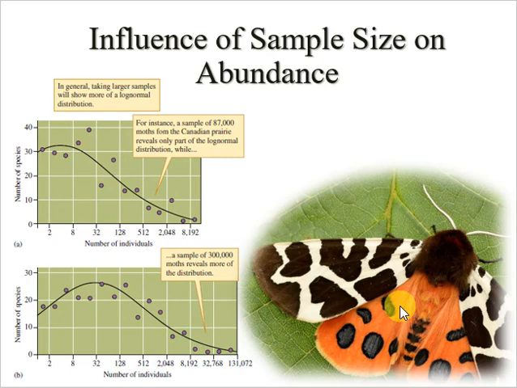Essentially, species toward the left side of the x-axis are increasingly rare, right? So most of your rare species will sit towards the left-hand side of the horizontal axis. It's likely that those species would be missed in a random species sample.